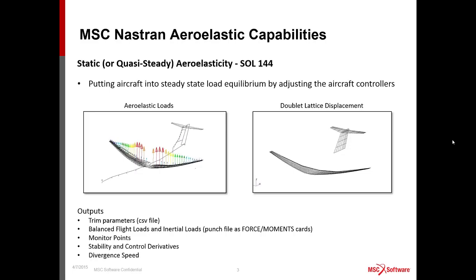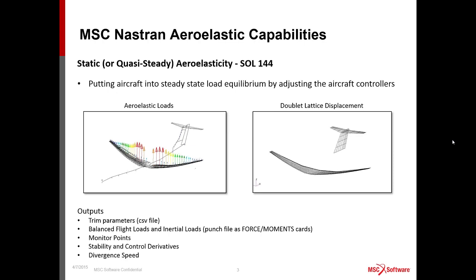So what about static aeroelasticity? We have solution 144 that, as you may know, is the solution that we use to put the aircraft into steady-state load equilibrium by adjusting the aircraft controllers. So this is, for example, when we want to perform a trim solution and get the angle of attack and the elevator deflection, and we want to calculate the aeroelastic load on the structure.